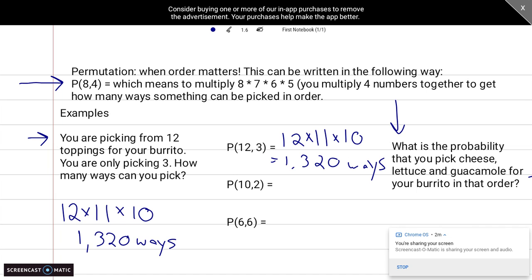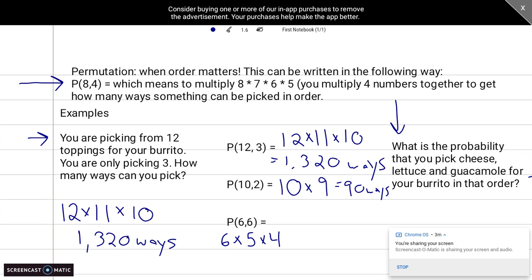Let's look at the next problem. We have probability of 10 comma 2. I start at the number 10, and I'm multiplying it by one more number because 10 counts as a number. So 10 times 9 is all I have to do. So my answer is 90 ways. And the last one, probability 6 comma 6. So I start at the number 6, go one number down. So I have 2 numbers.